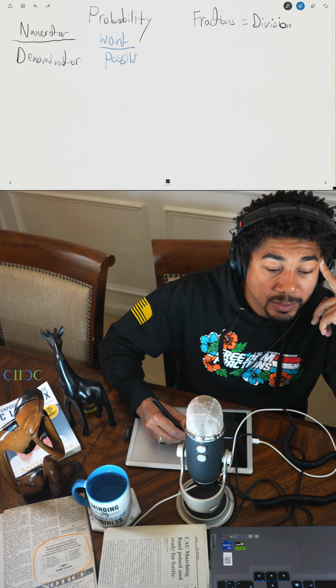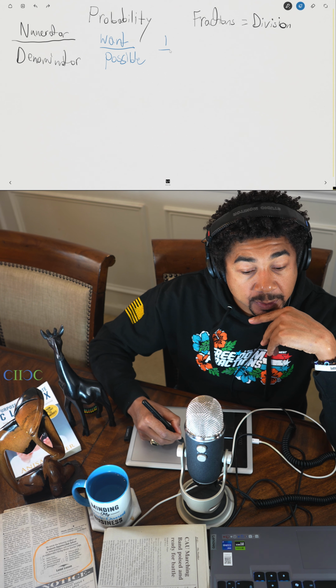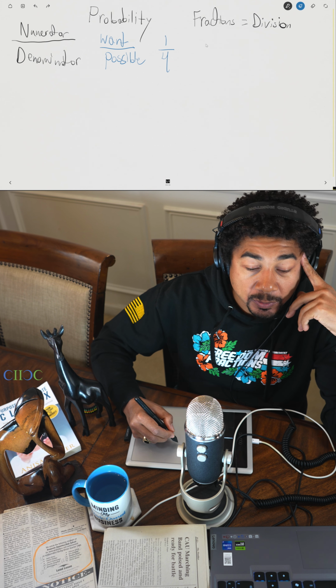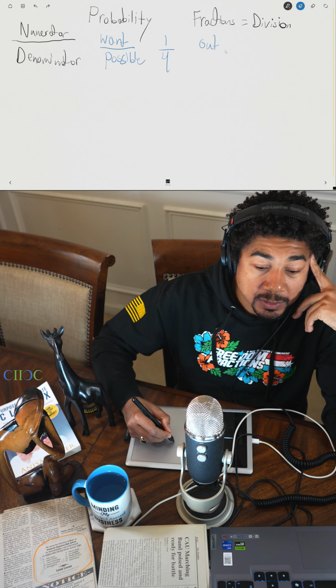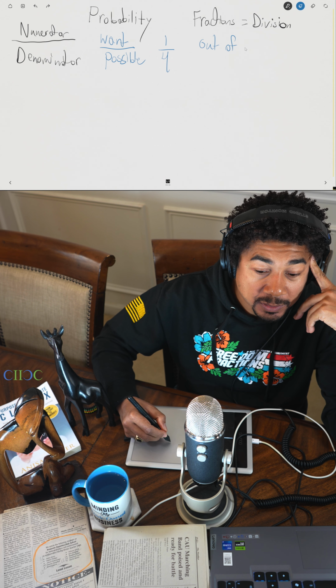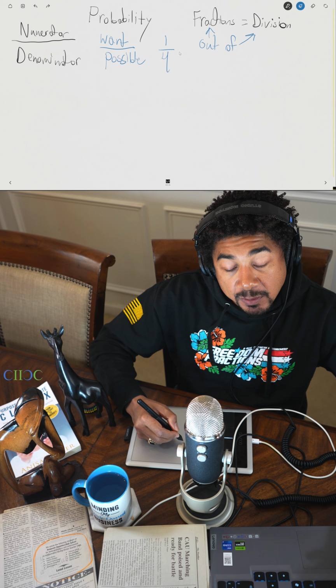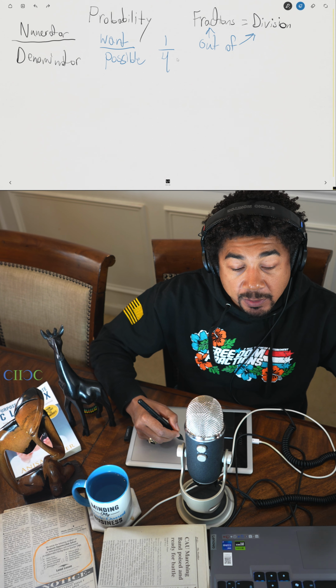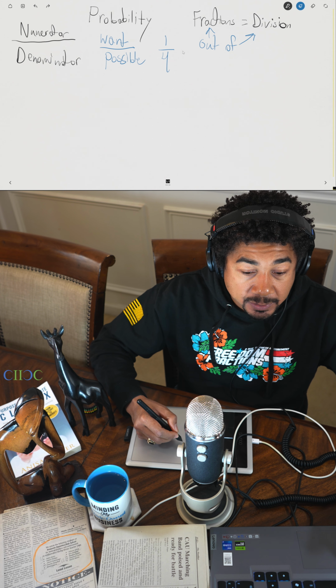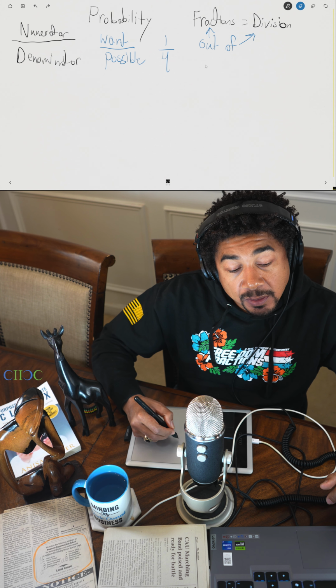I think about this in a few different ways. So let's say you want one number out of 4. When you see the words out of, think division, think fractions. So 1/4: out of 4 quarters, or $1, one gives you your 25 cents.